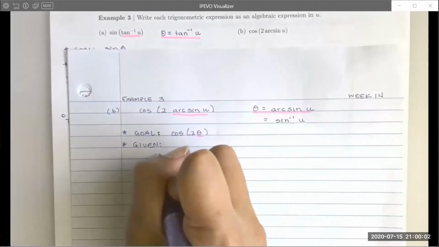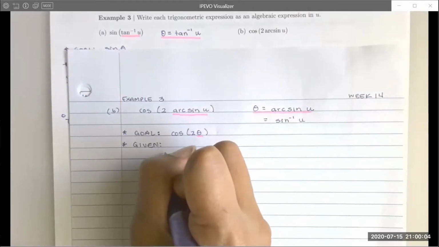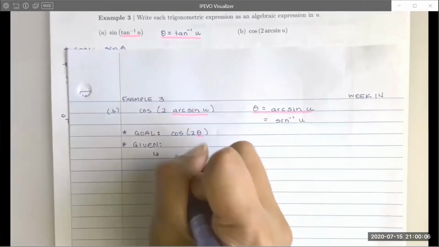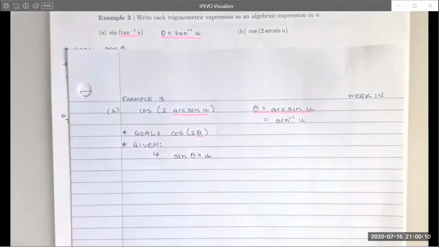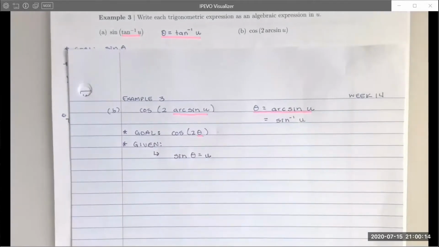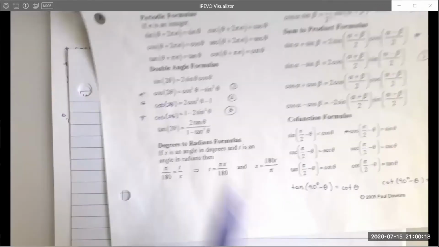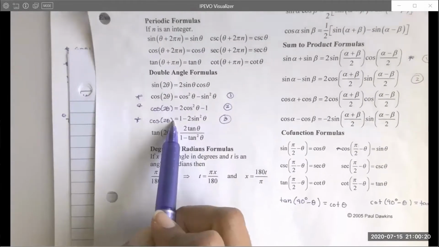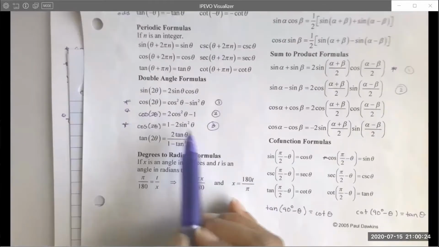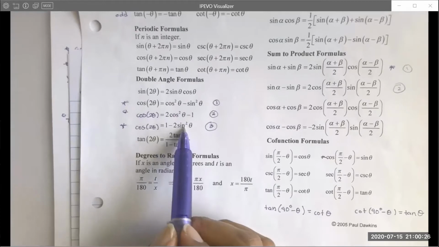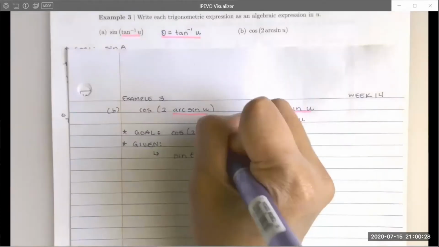So one piece of given information is that sine of theta is equal to u. Okay, so that actually gives me a pretty good insight as to which of these 3 I should pick. Since I already have what sine of theta is going to be, I'm simply going to pick this 1 minus 2 sine squared theta for the double angle formula.